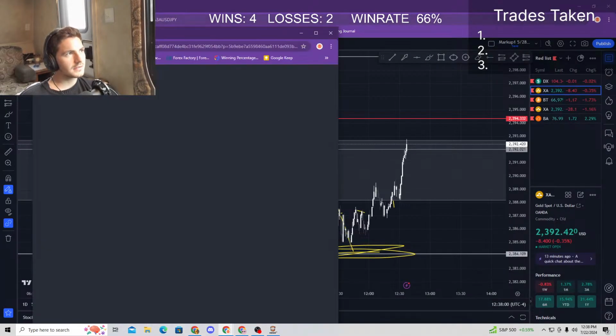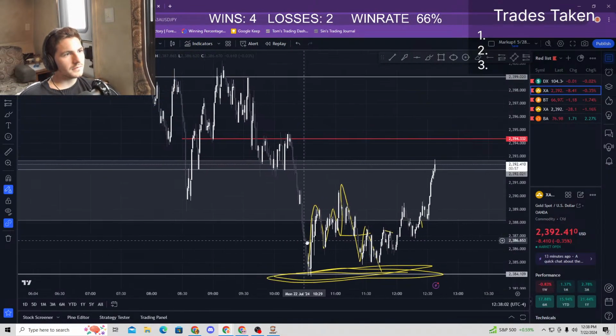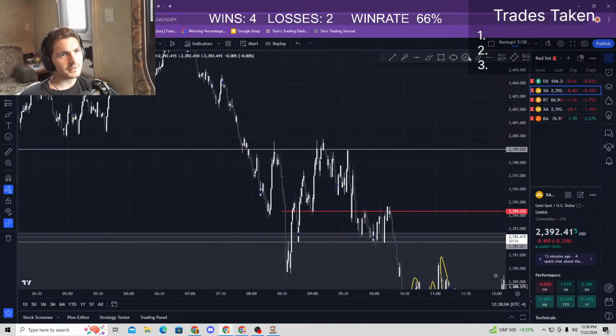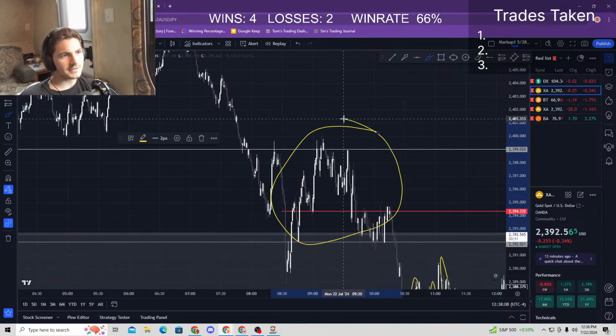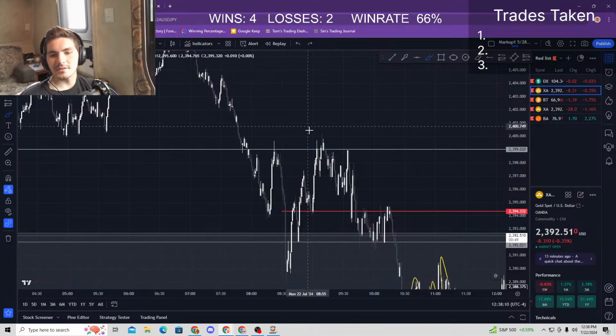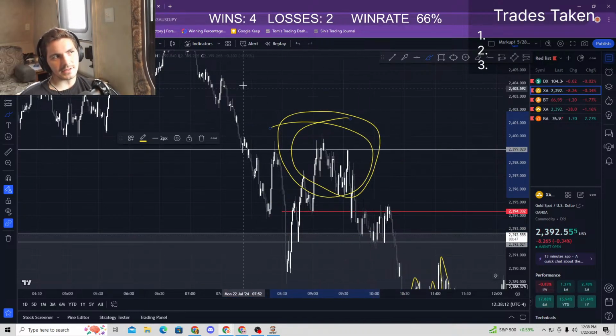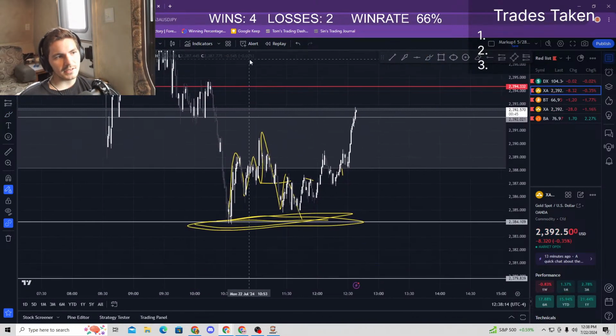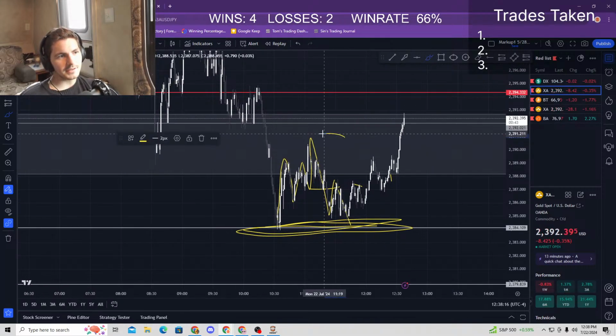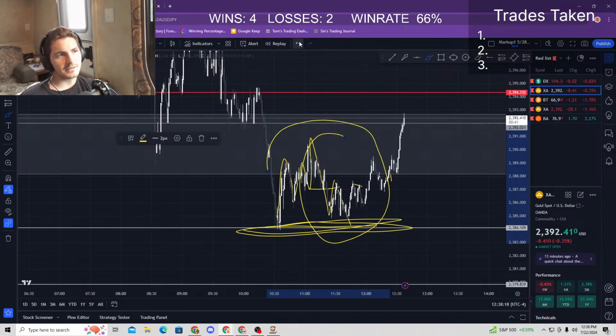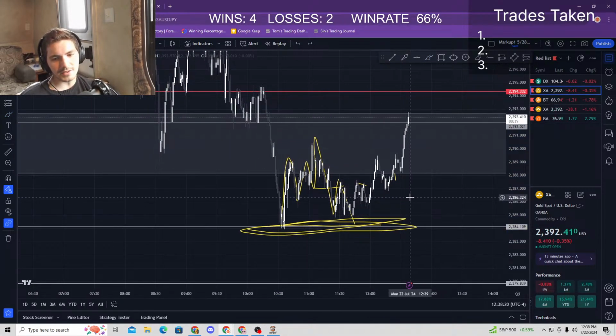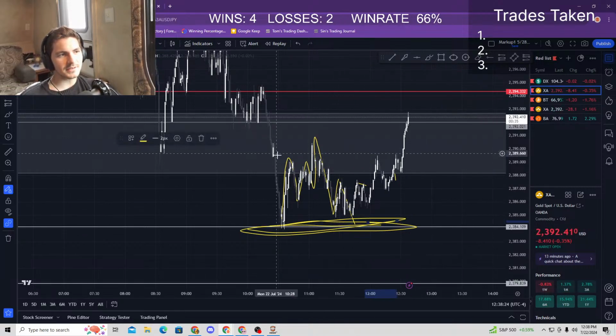Because for this trade, at the time DXY was not correlating, so it did not matter if DXY wasn't in confluence. During this trade, DXY was correlating, so it did matter what DXY was doing. So I think that's what I have to learn from it.